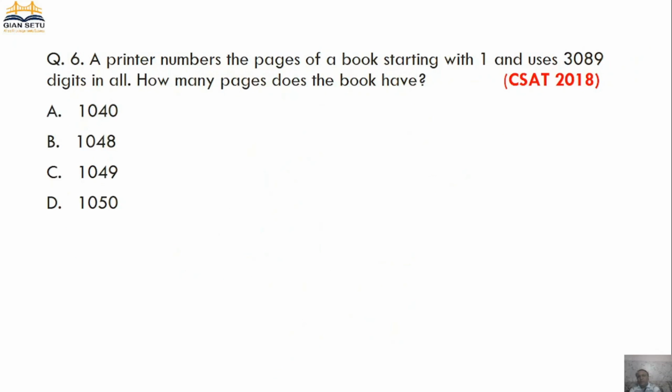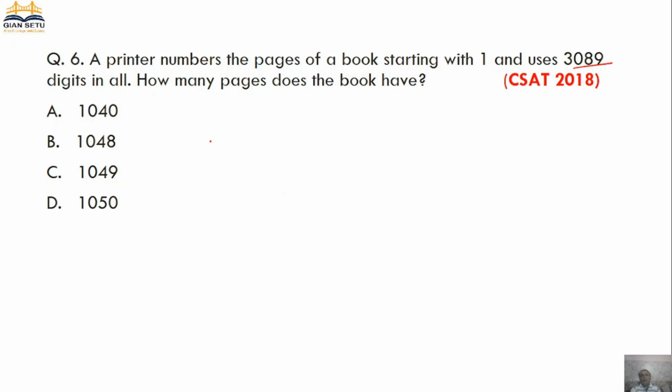Let's move to the next question. A printer numbers the pages of a book starting from 1 and uses 3089 digits in all. How many pages does the book have? Now according to the question, how many pages can we print starting from 1 when we have 3089 digits?